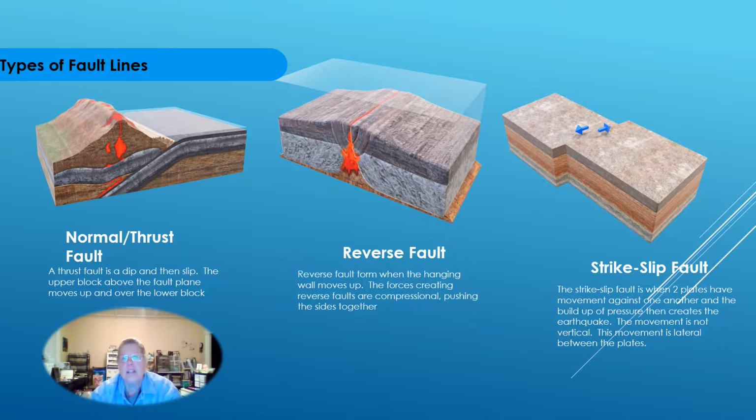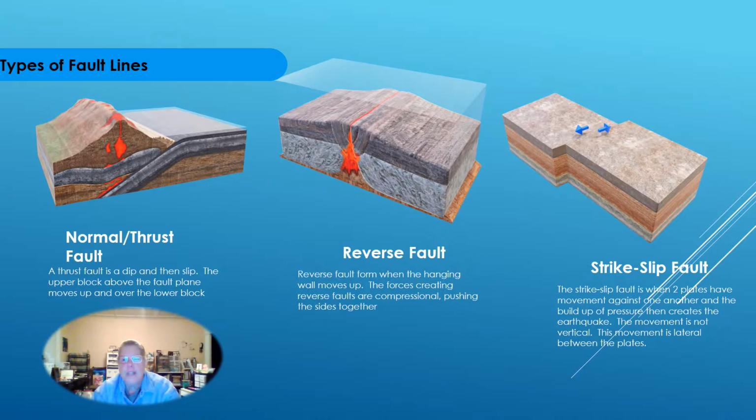That happens a lot more than the other two. The reverse fault forms when the hanging wall moves up. The forces creating reverse faults are compressional, pushing the sides together. And the strike slip fault is moving in a horizontal way, certainly not vertical.